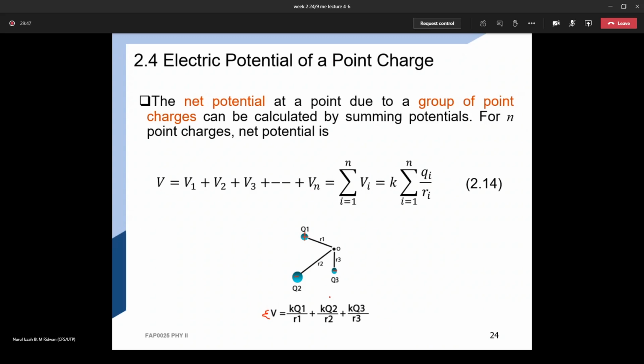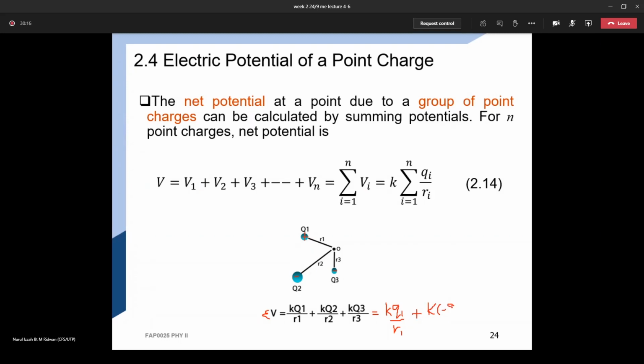So what are your steps to find electric potential? For this part, it is better to write it this way. It becomes k, and then you have Q1 over r1. Be careful, you don't have a square. Plus k, and then in the bracket negative Q2.